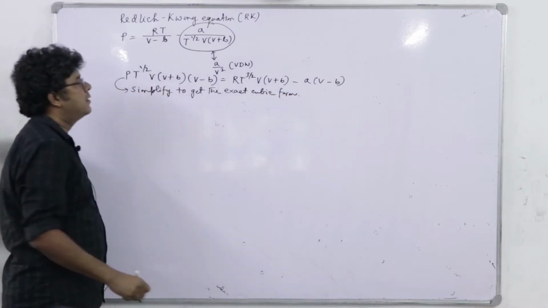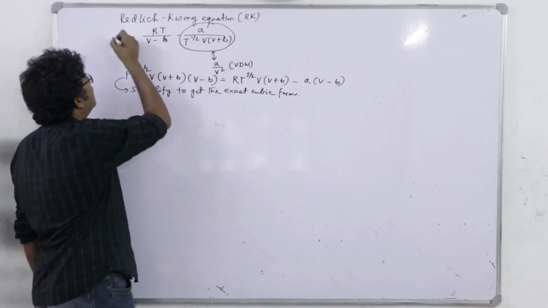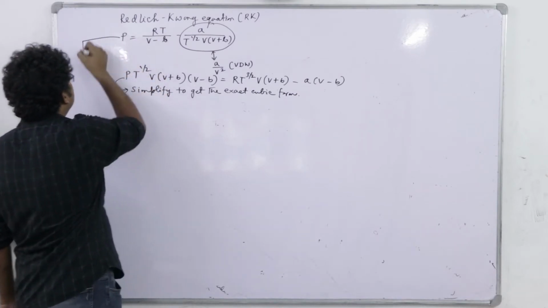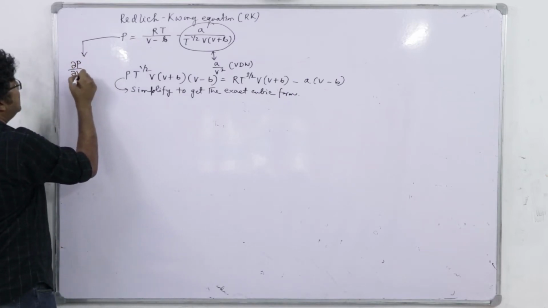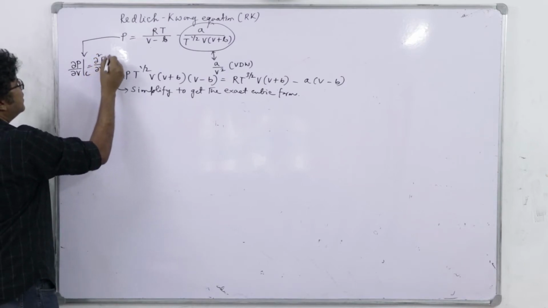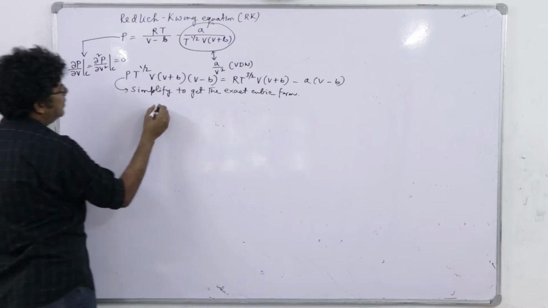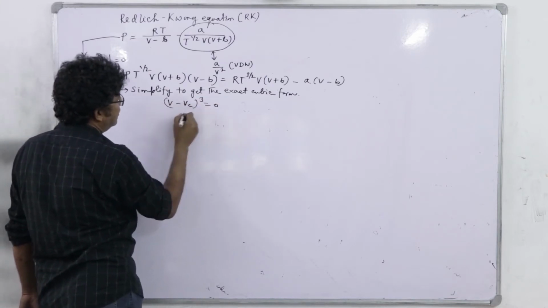Once it is simplified, you can use this condition, del p del v at critical point equal to del square p del v square at critical point equal to 0. Alternatively, you can write v minus v c cube equal to 0.